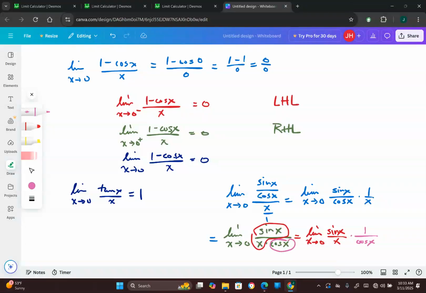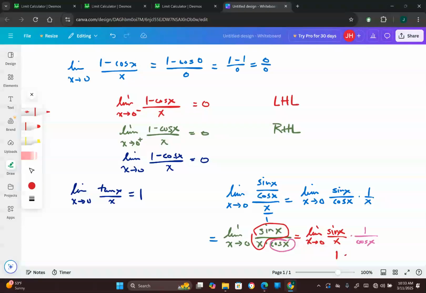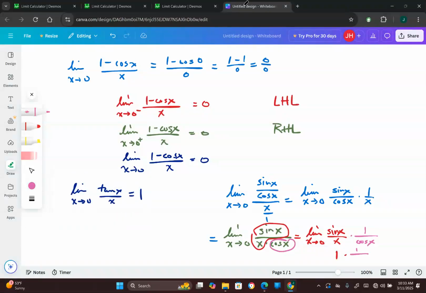The limit of the red is 1. And what's cosine? Well, cosine of 0, that's actually 1 as well. So this would be 1 times 1 over 1. The limit is 1. So you notice that's a limit that we can prove using one of our other limit formulas that we proved today from the graph and from the table.